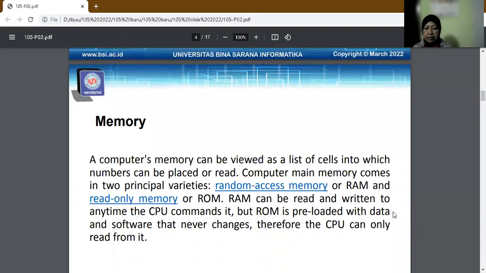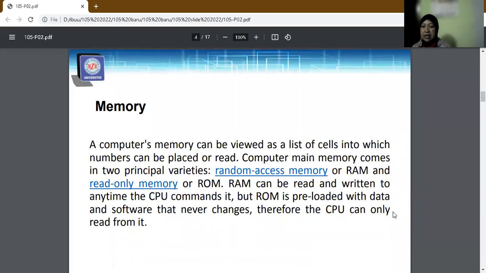Okay, and the memory, as you know, is an important part. If you want to save something, we must need memory. There are 2 parts of the memory. The first is RAM, random access memory, and then read-only memory, ROM.